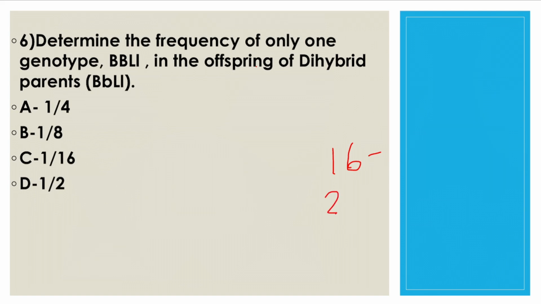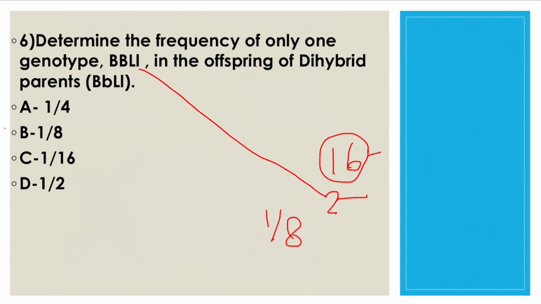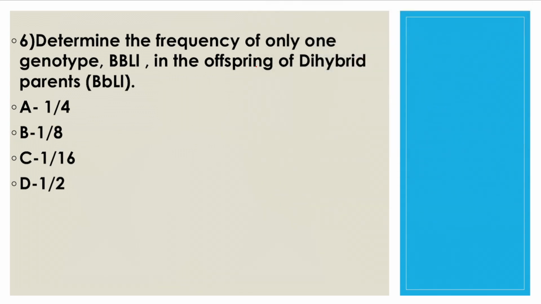It means the ratio is 1 in 8. From 16 individuals, 2 are of this genotype, so the answer should be 1/8. Answer is B.